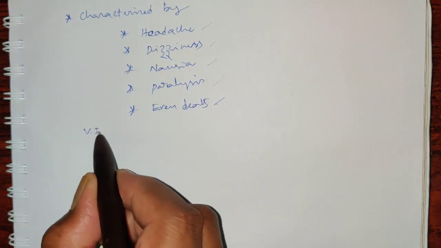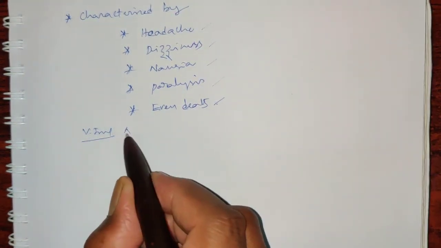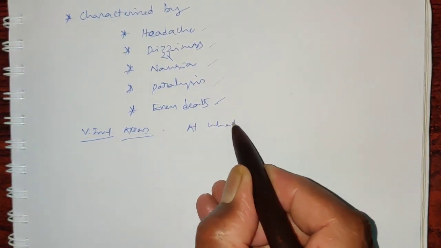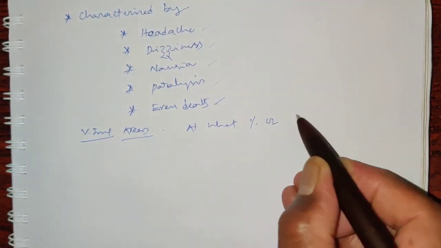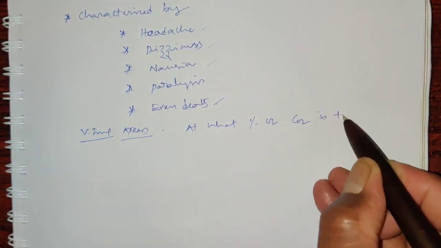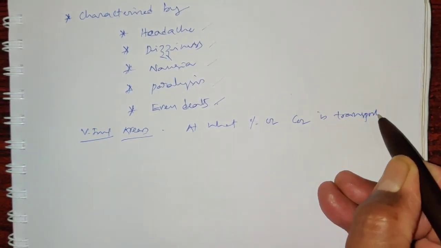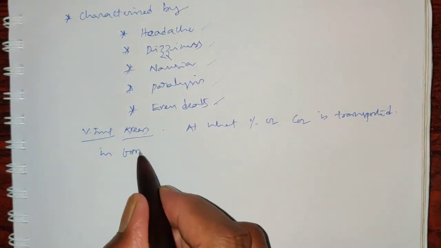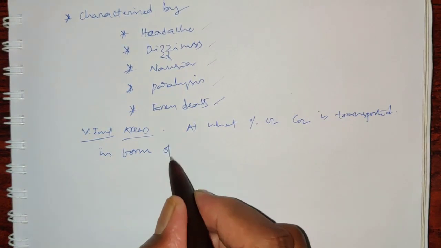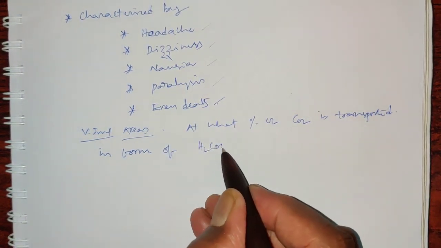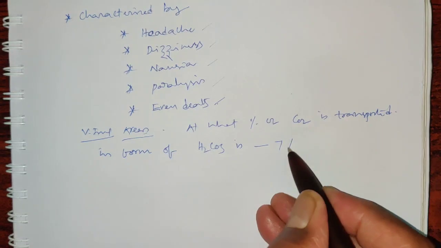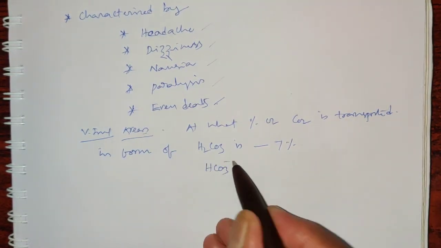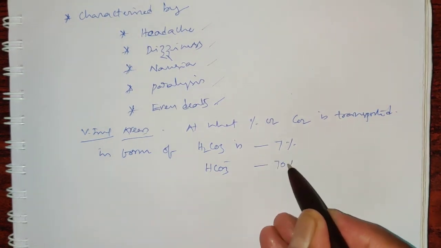So, important areas here. What percent of carbon dioxide is transported in the form of carbonic acid? It is 7%. In the form of bicarbonate ions it is 70%.